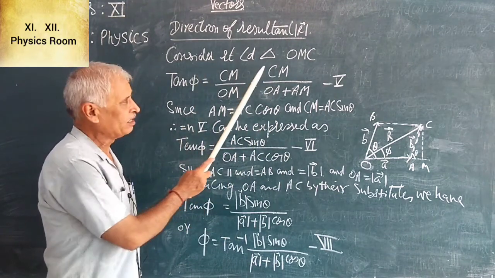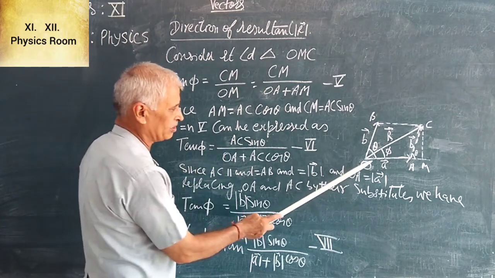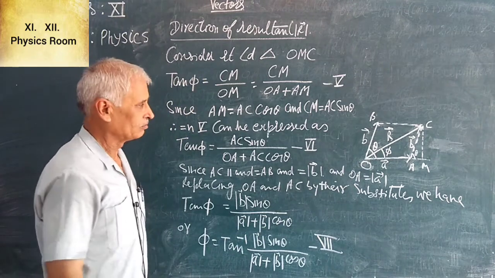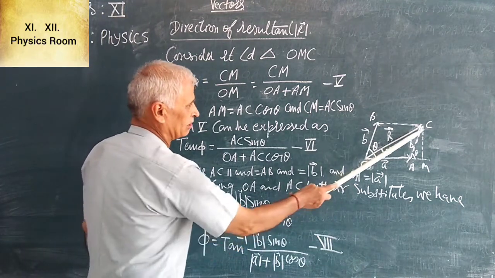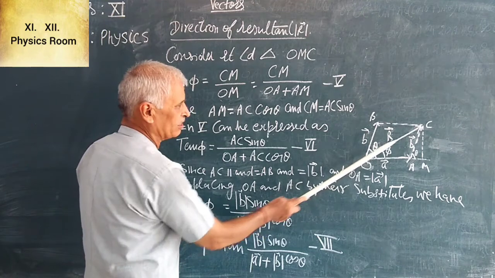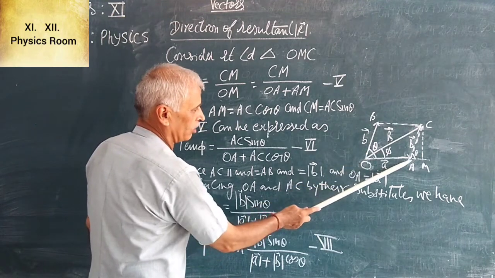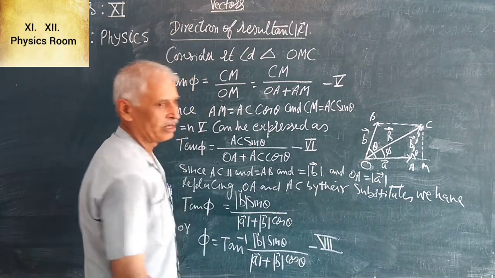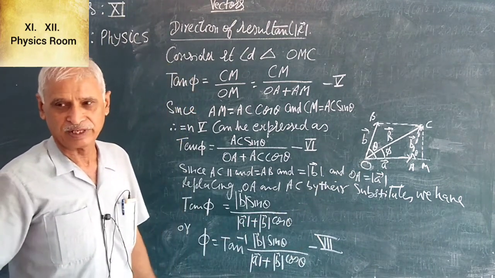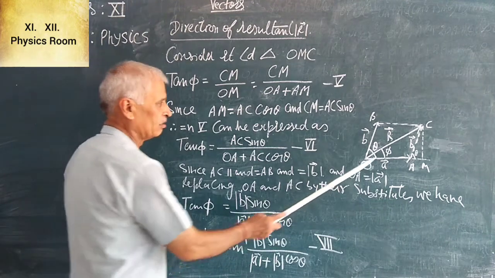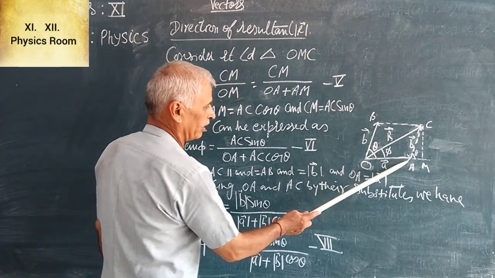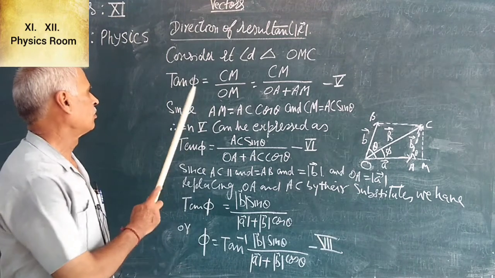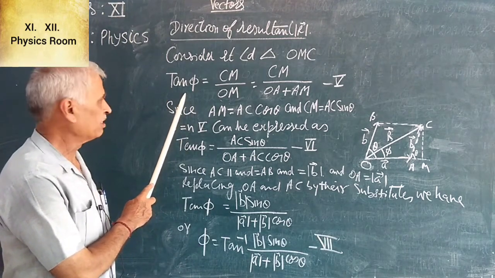Consider right angled triangle OMC. OC is resultant and it is inclined with vector OA at an angle phi, and we have to find this angle phi, which will give us direction of resultant with OA. Now in this triangle we find tangent phi.